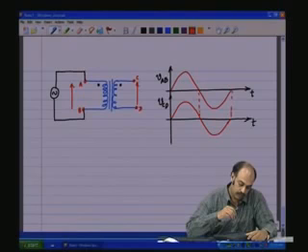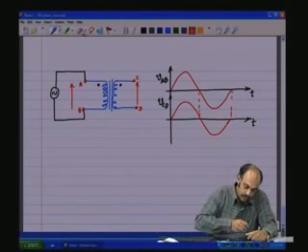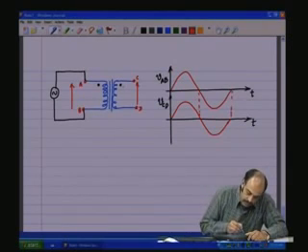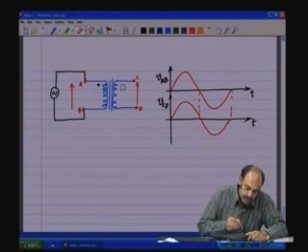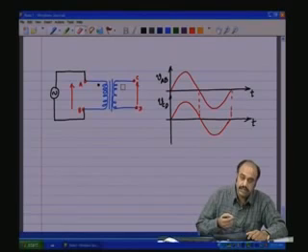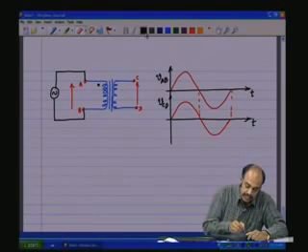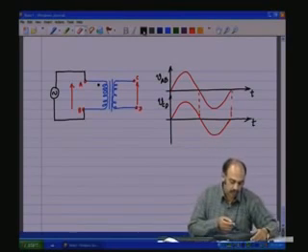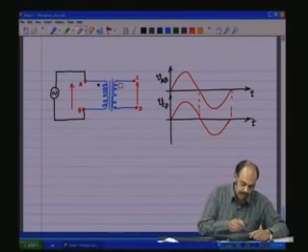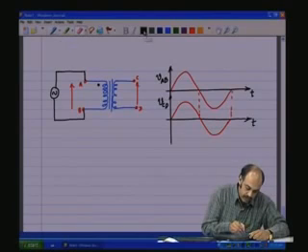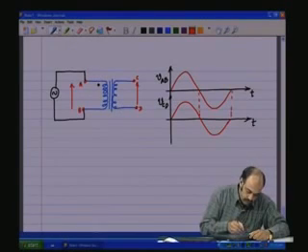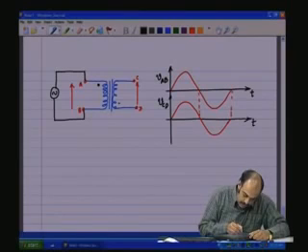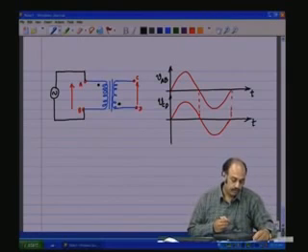Now, if we have a dot polarity of this fashion, which depends upon the winding sense. So, instead of winding the secondary, which was clockwise in the previous case, it now becomes anti-clockwise. The dot polarity is now in this form.